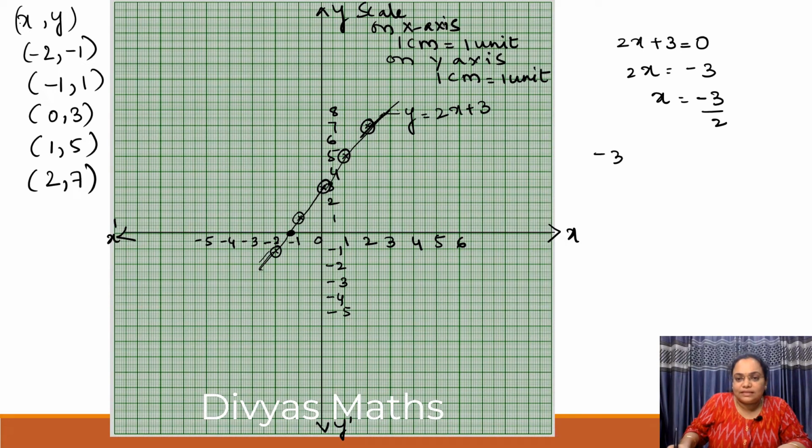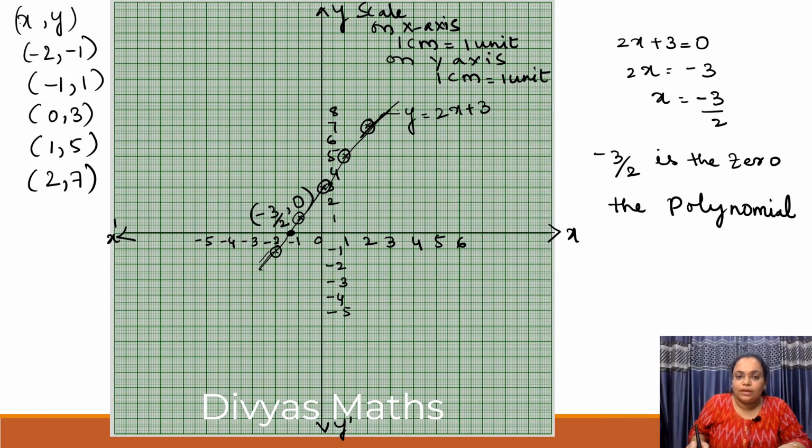So minus 3 by 2 is the zero of the polynomial. Okay. So this point is called minus 3 by 2 comma 0. Okay. Because this is on the x-axis, y coordinates will be 0.